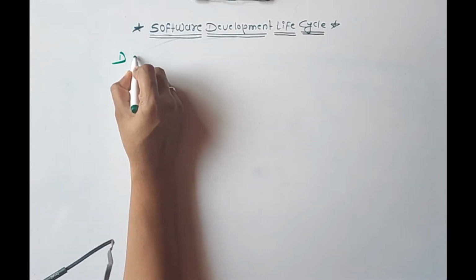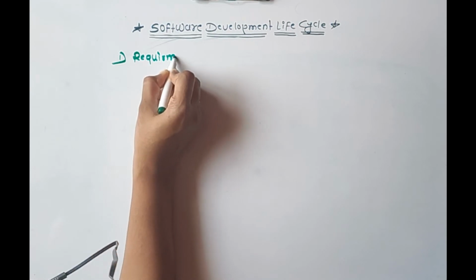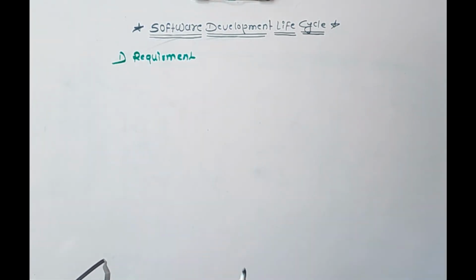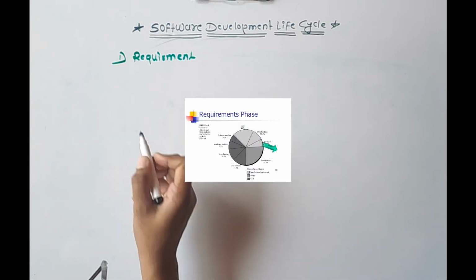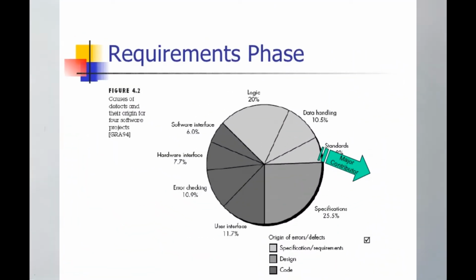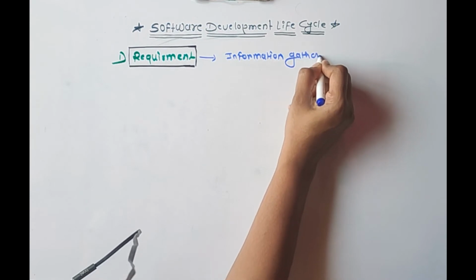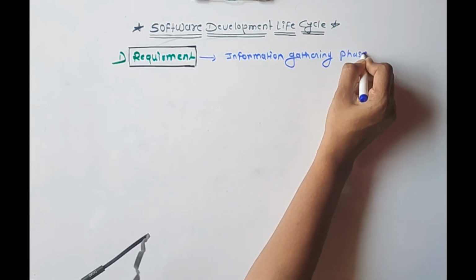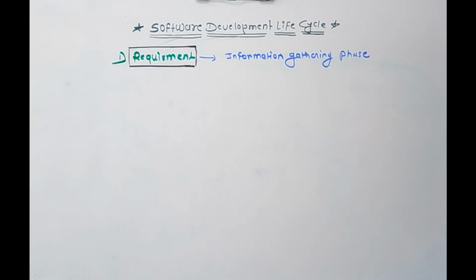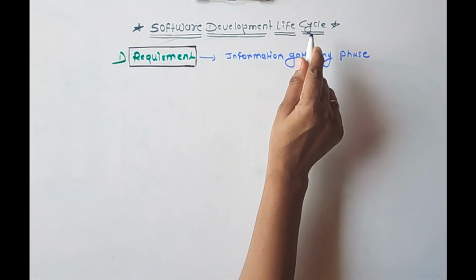Now the first phase is the requirement phase, which is the first phase inside the software development life cycle. We can say this requirement phase is the information gathering phase. That is another name for it. This is an important phase inside the software development life cycle.